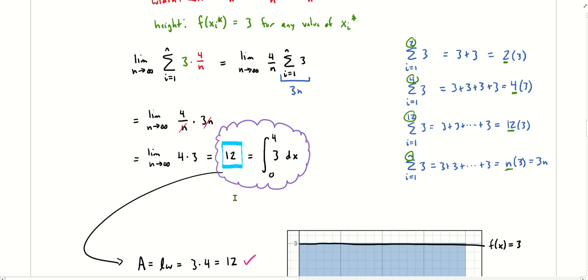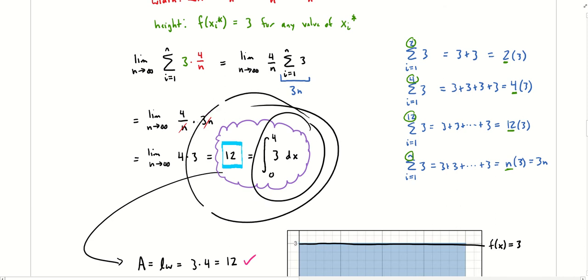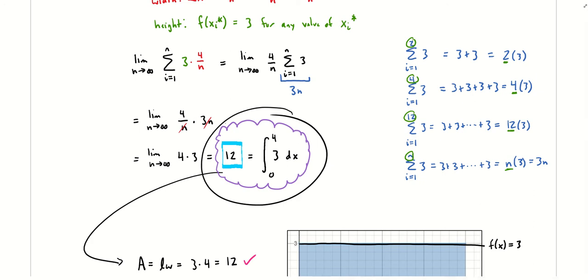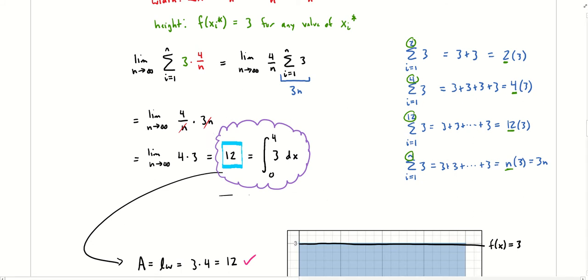And I'm pointing that out because in the next set of notes, we're going to see how to do this sort of calculation without having to use the limit definition. The limit definition is basically going to be working in the background for us. In the topic 11 notes, we're going to see the evaluation theorem, which gives us a nice shortcut for definite integrals where we don't have to explicitly take any limits.